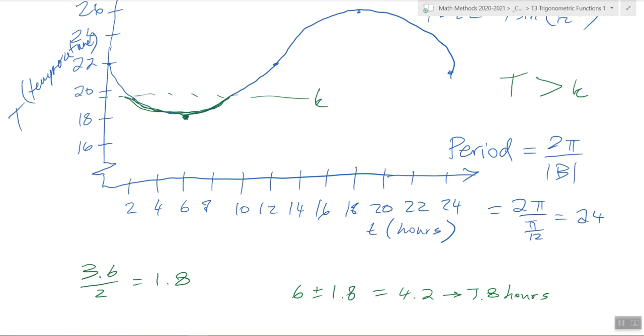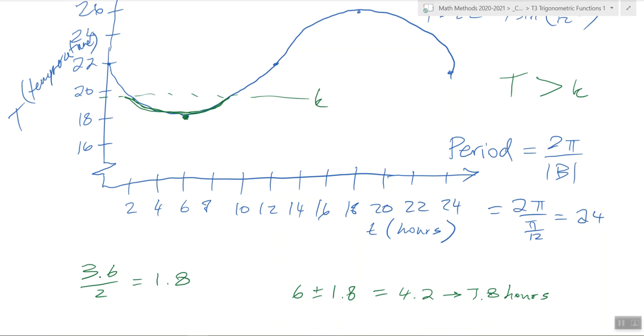We know the lowest temperature is at 6 hours, right? It wants us to find the total time that it was below k temperature. Below the k temperature will always include the lowest temperature, correct?